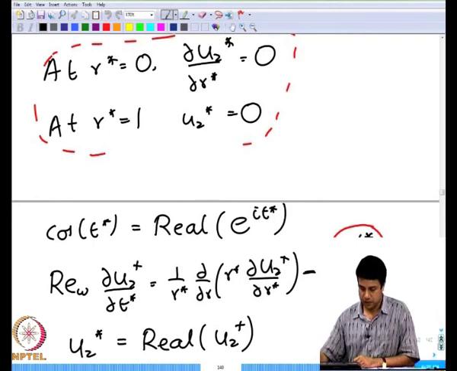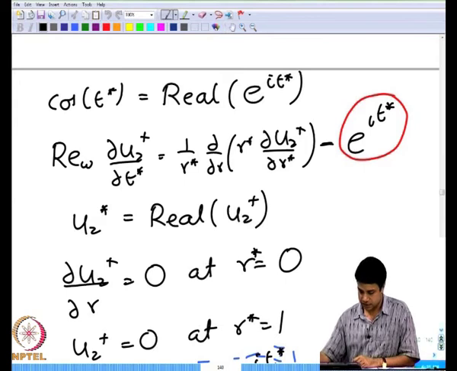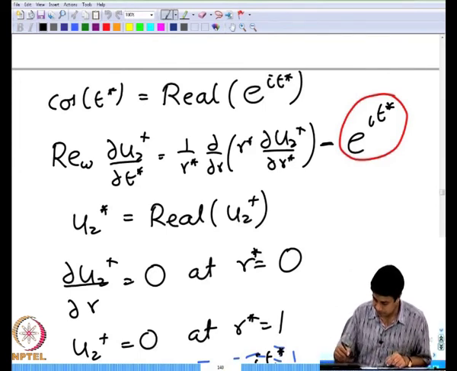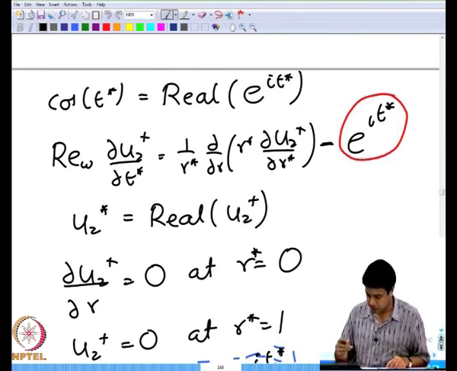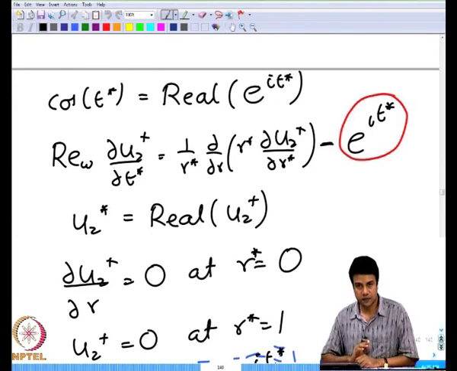So, how do we solve this equation for u_z plus? It is being forced with a function of the form e power i t. In this particular case, the frequency omega is 1 in scaled variables. That means that u_z plus also has to have the form of some function of r times e power i t. It has to have the same frequency.